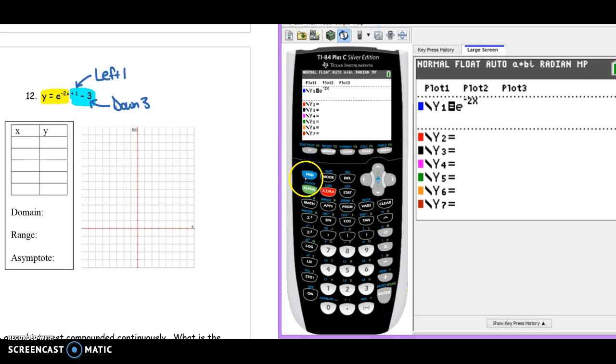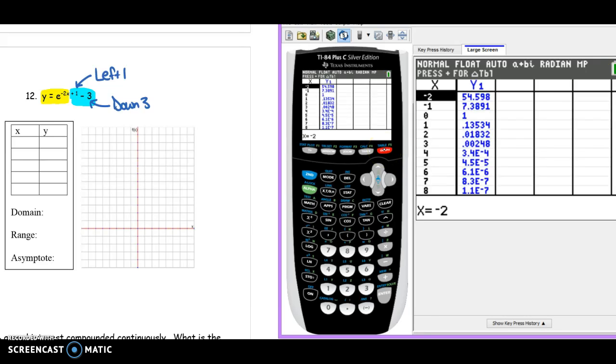Go into your table. And you want x values -1 down to 2. So -1, 7.4.